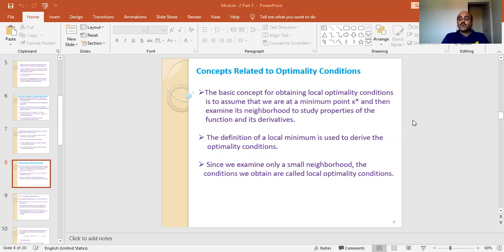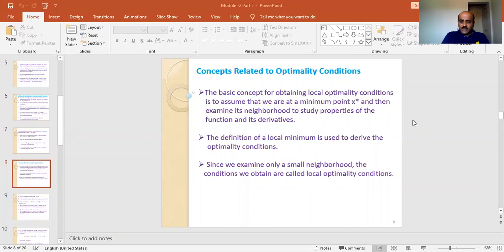The definition of a local minimum is used to derive the optimality conditions. In the last class, we were discussing the definition of both local as well as global minimum. So the definition of local minimum is used to derive the optimality conditions here. Please revise what we discussed in the last class. Since we examine only a small neighborhood, the conditions we obtain are called local optimality conditions.